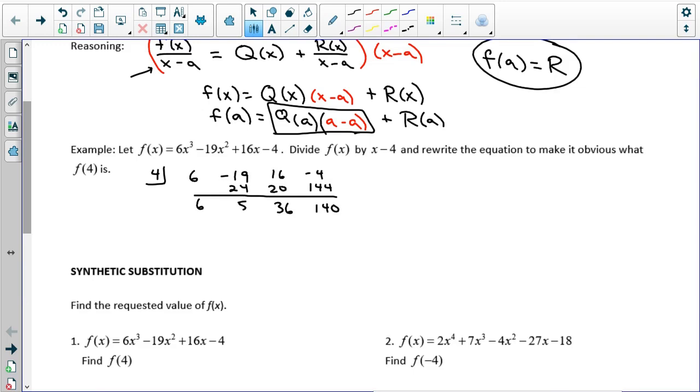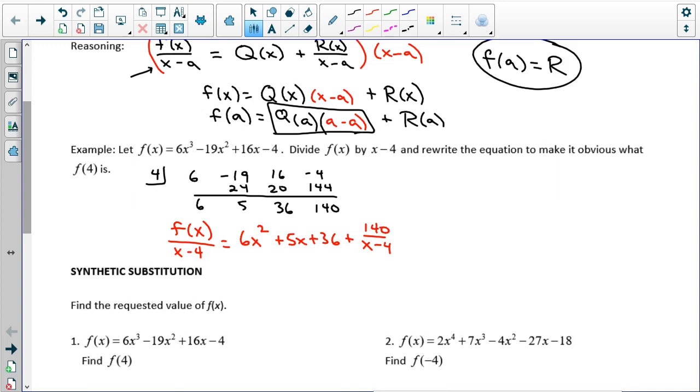If I rewrite this, f of x divided by x minus 4, I could write that as 6x squared plus 5x plus 36 plus 140 over x minus 4.